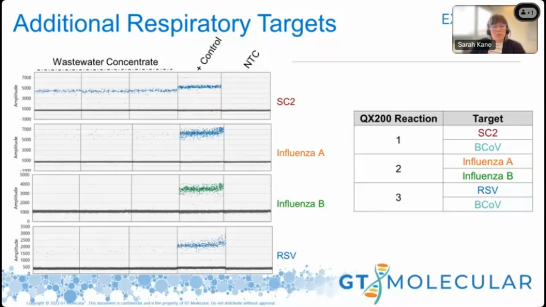Something that's really important to note is that in order to obtain all of this data from one wastewater sample, we had to run this sample in 3 separate reactions. To get to the punchline, what we're hoping to move towards next is the ability to merge all of these assays into one reaction so that we can co-monitor all of these pathogens at once.